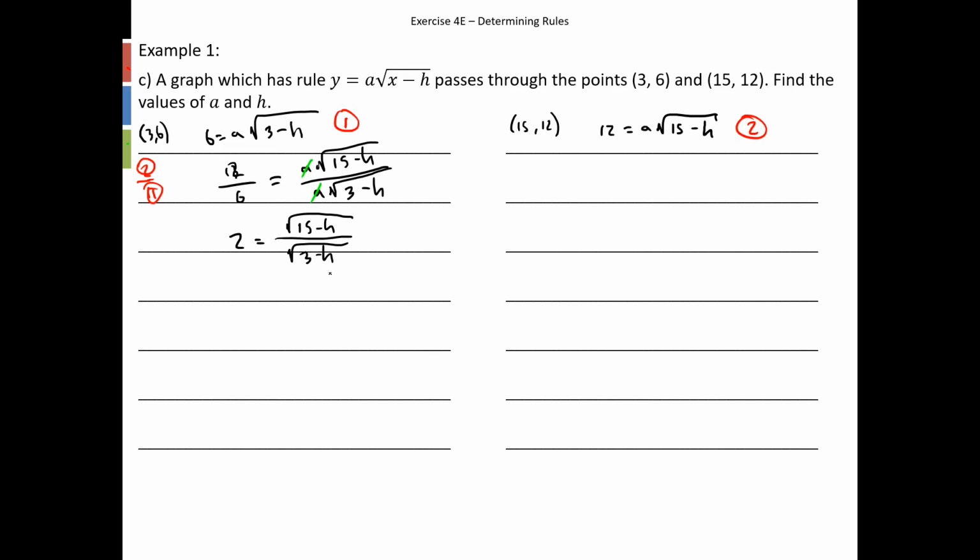From here, you don't try and make a difference of perfect squares or anything like that. What you do is just multiply both sides by the denominator, so you end up with 2 square root 3 minus h is equal to square root 15 minus h.